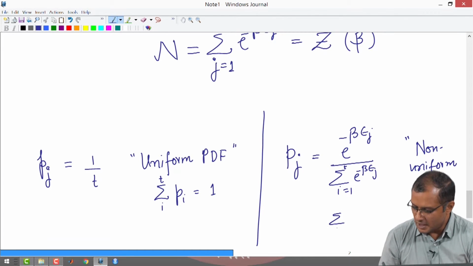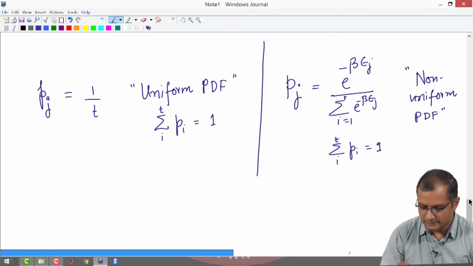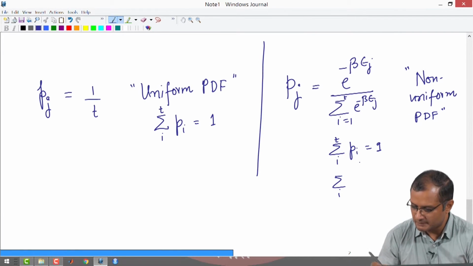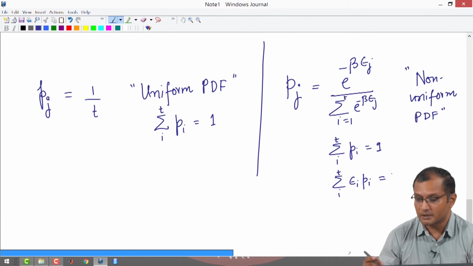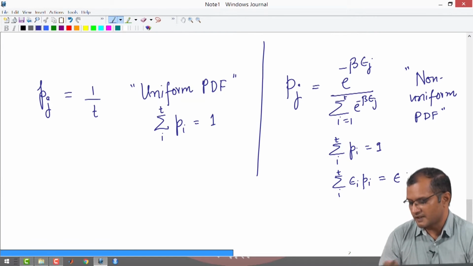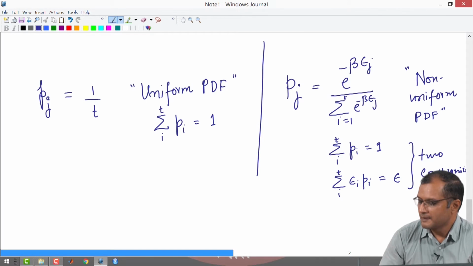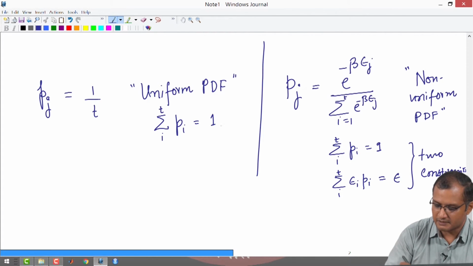Above the well behavedness of the probability, I have two constraints here. One, that the probability is well behaved, the other is that the average value of the outcomes is fixed. Okay. So, I have two constraints here, and I have only one constraint here.